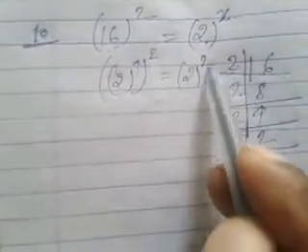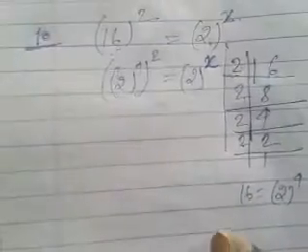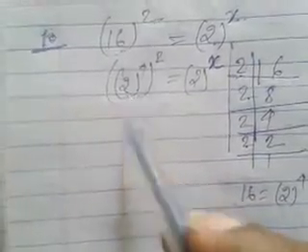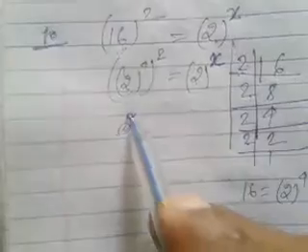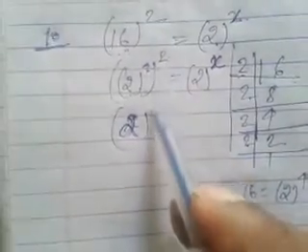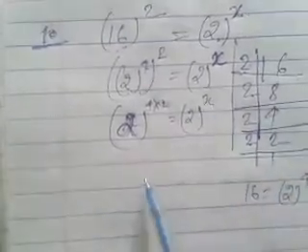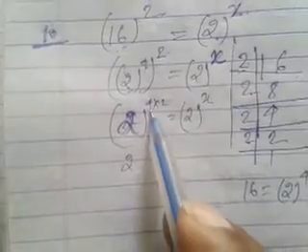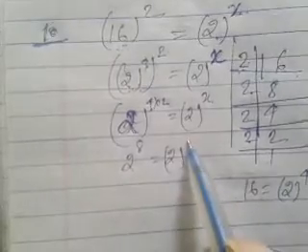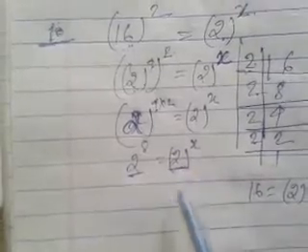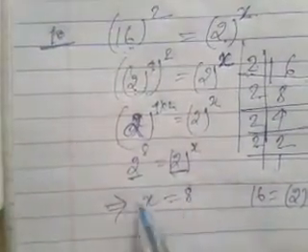So now the base is equal, so let us solve this problem. Base 2, and 4 times 2 is 8, so 4 multiplied by 2 we write 2 raised to the power 8, and on the other side 2 raised to the power x. Now if the base is equal, then the powers must also be equal.